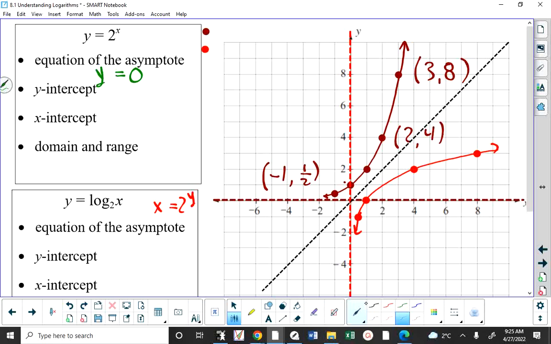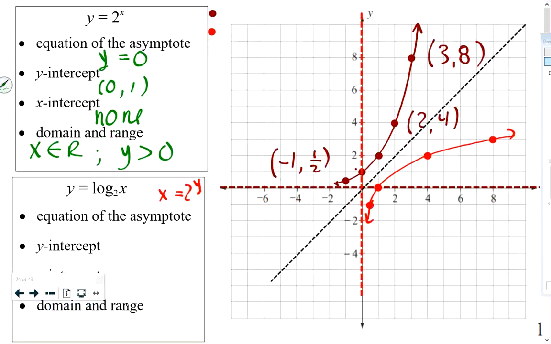The y-intercept is, rather than just saying 1, let's be a little more informative and say 0 comma 1. There is no x-intercept. The domain is x is any real number, and the range is y is greater than 0. Any questions with those 4 properties of the graph y equals 2 to the x?